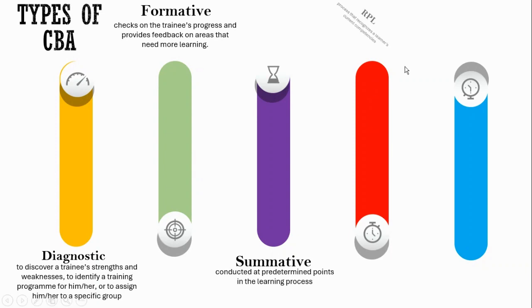The other one is RPL, or recognition of prior learning, and we'll be unpacking this component in our future videos. What is an RPL? You're able to use that to assess competency. So here it is a process that recognizes a learner's current competencies, and we're going to unpack that aspect.